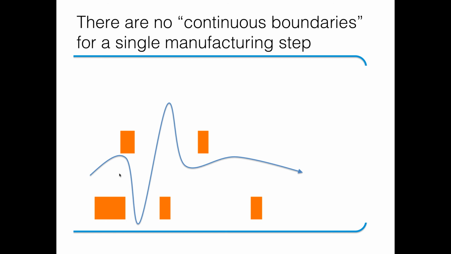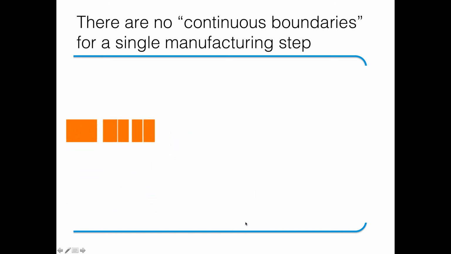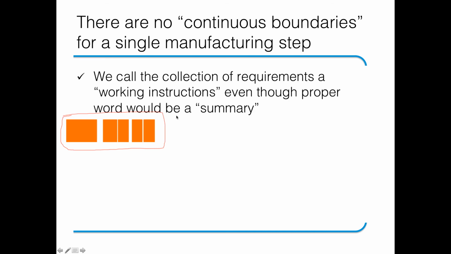What we have done there is that we have taken all the mandatory requirements for each and every manufacturing step for mechanical cutting, holing, and so on, and summarized them into a really short description of how the work must be performed in order to meet the requirements of the standard EN 1092. So even though we call the collection of these requirements working instructions, I would say that the proper word would be a summary of the EN 1092.